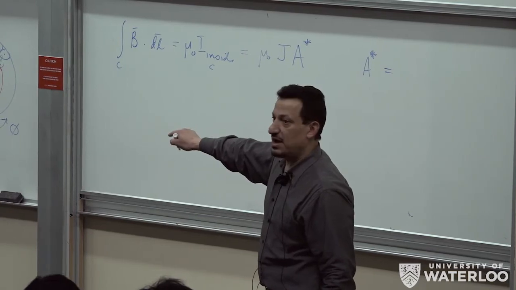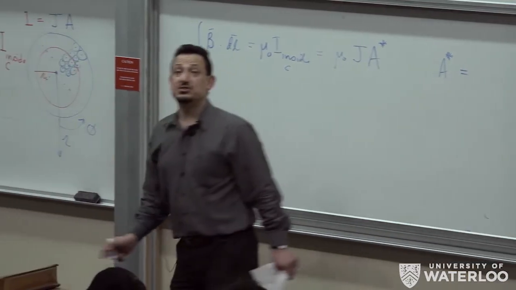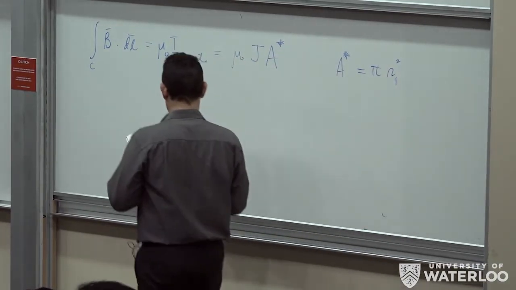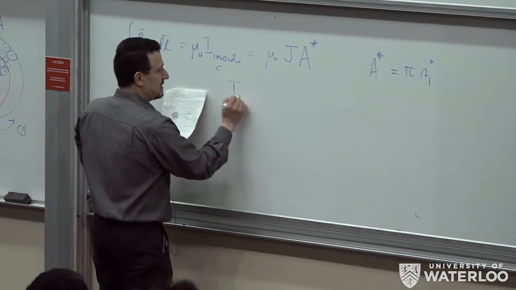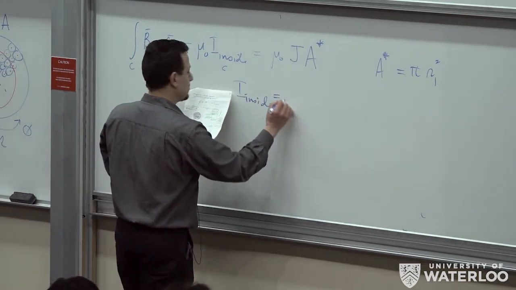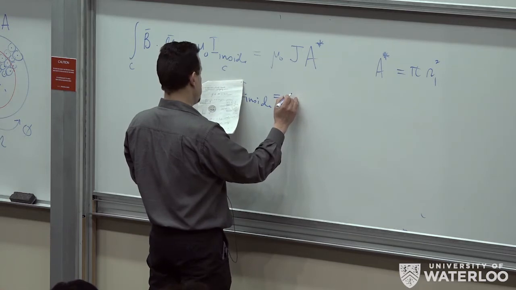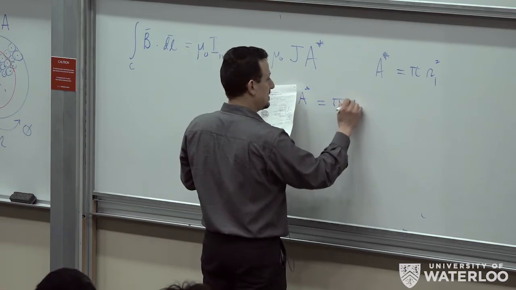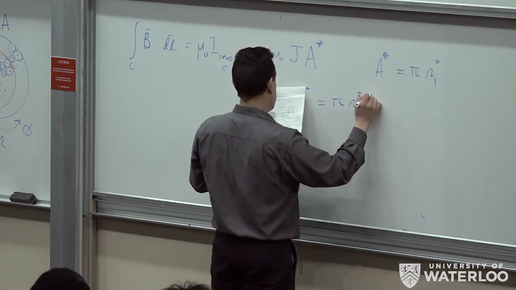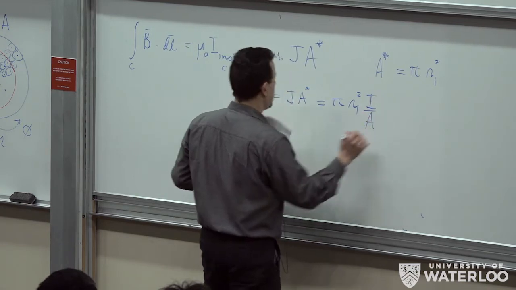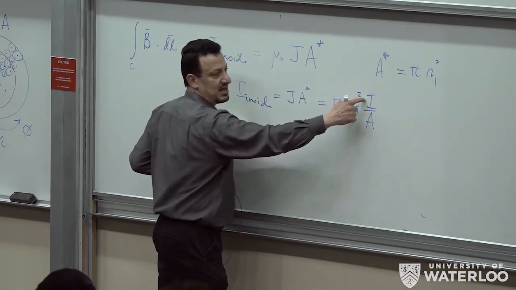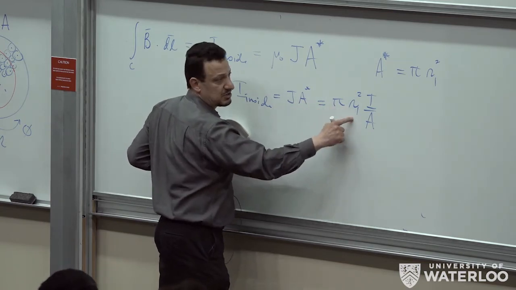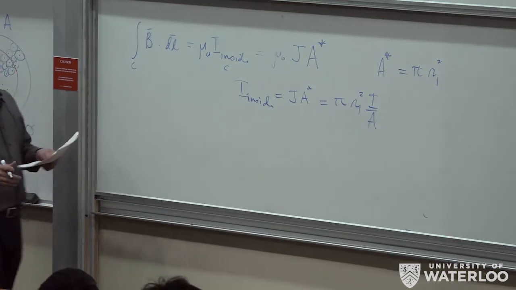It is pi R1 squared. So I inside equals J A. Just one more step to clarify, this equals pi R1 squared times I divided by A. J is I divided by A. A superstar is pi R1 squared. Okay?